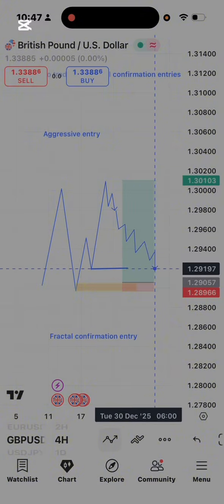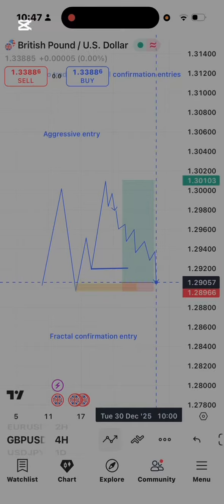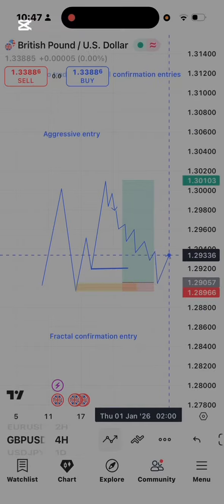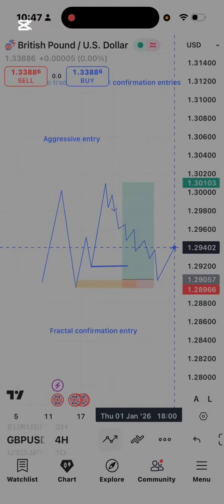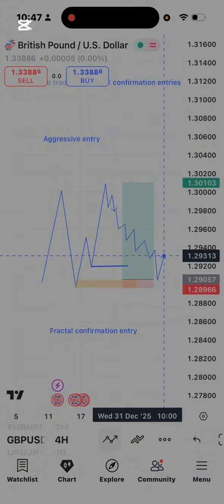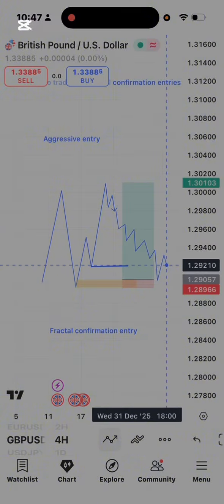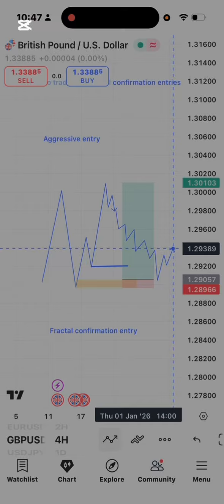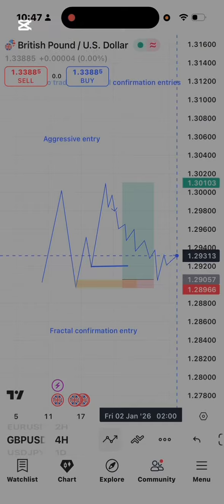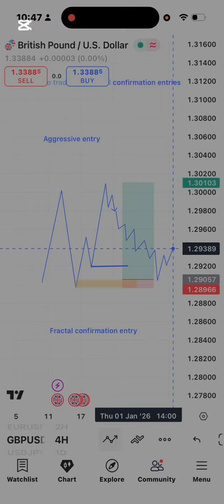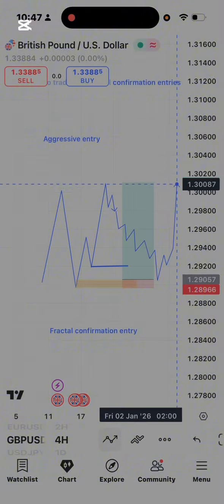You see, if it takes out this, what do you expect price to tap into this, and then it goes up, right? It goes up. It changes direction, or what people call change in state of delivery to the upside, right?